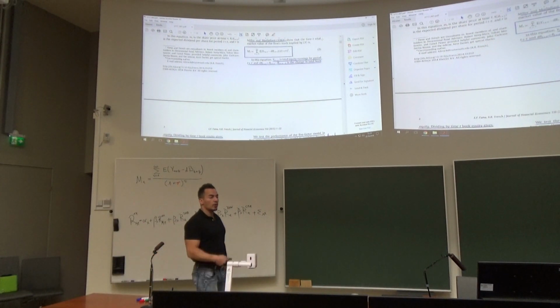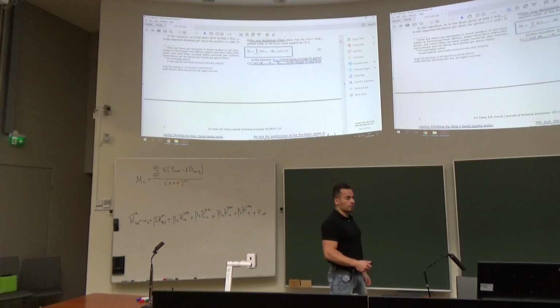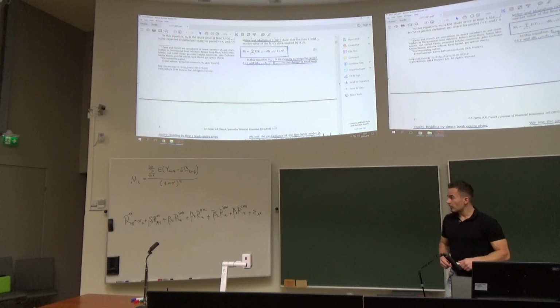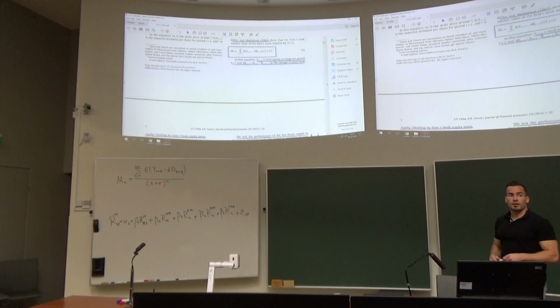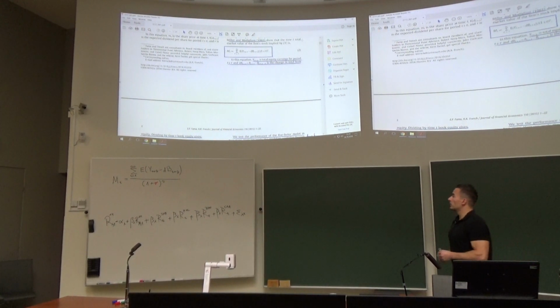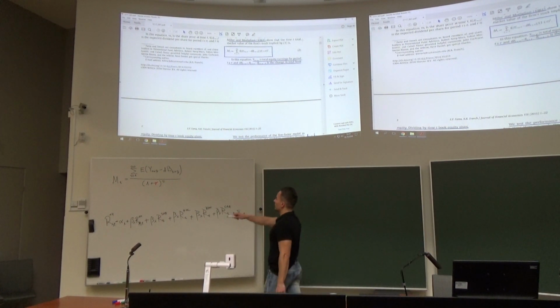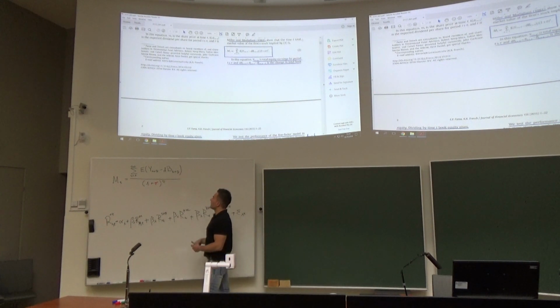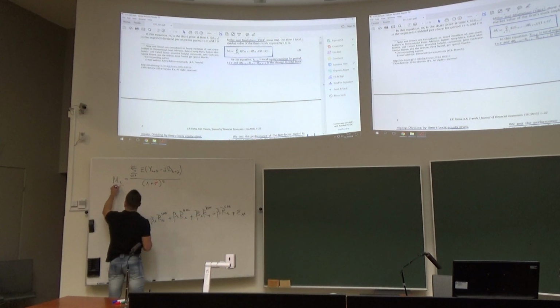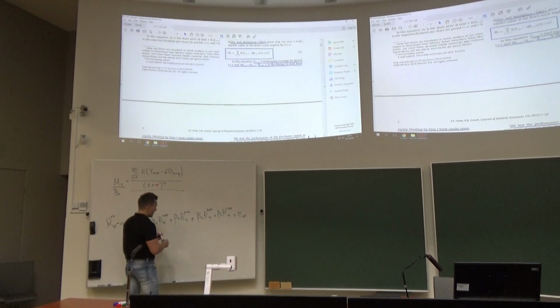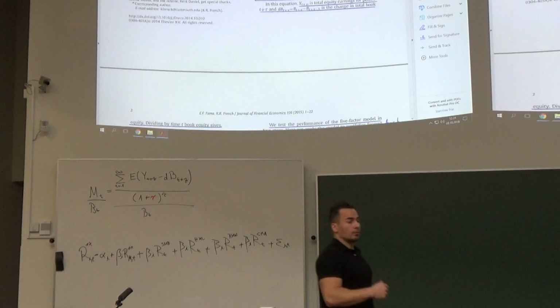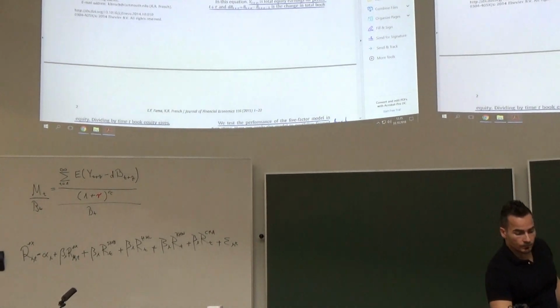So they use the same valuation model, which is derived from the discounted cash flow model, which is equation 1 in that paper. So if we have this equation, I put it here on the whiteboard, and you divide it simply by B_t, which is the book value at time t, then you end up with the third equation here.